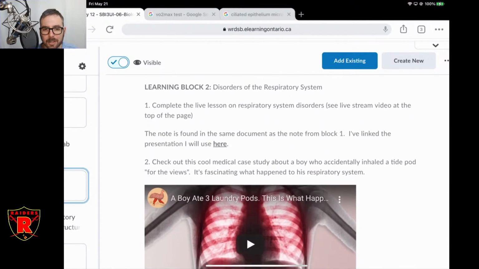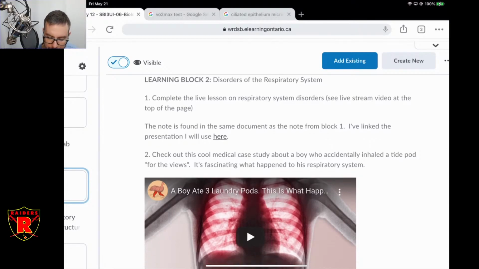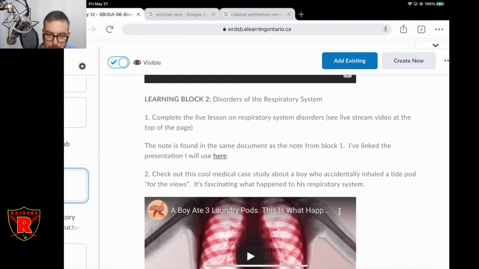And then the second part here, once we're done talking about the dynamics of breathing, how you actually do it, how you breathe, like get the air in and out, or ventilating, I guess I should say. We're going to go through a little presentation here on illnesses of the respiratory system, some ways in which the anatomy of the respiratory system can fail.